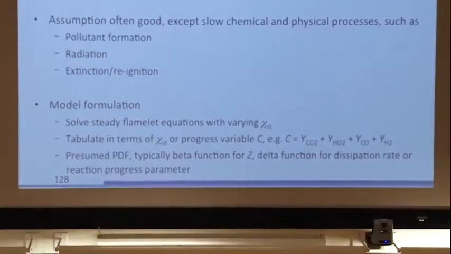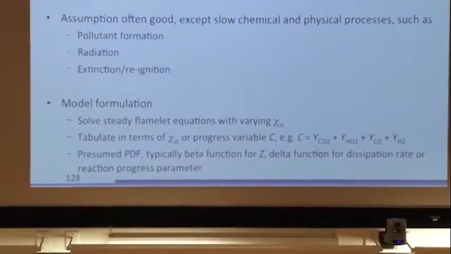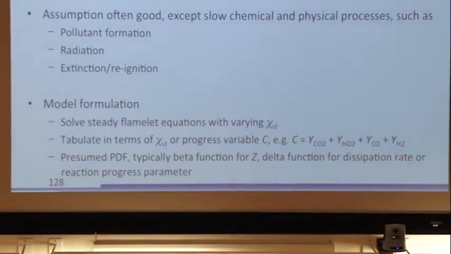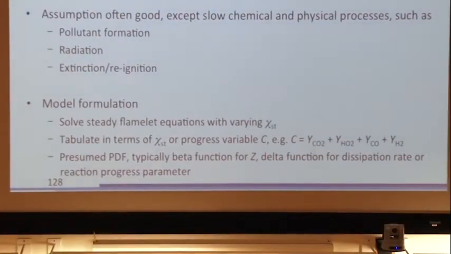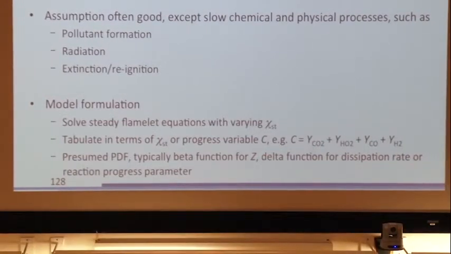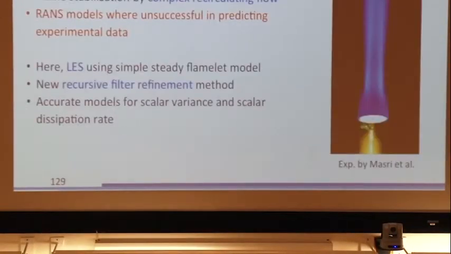As I mentioned before, for the joint PDF of mixture fraction and dissipation rate, we usually just consider the distribution of the mixture fraction, and we just assume a delta function for the dissipation rate.